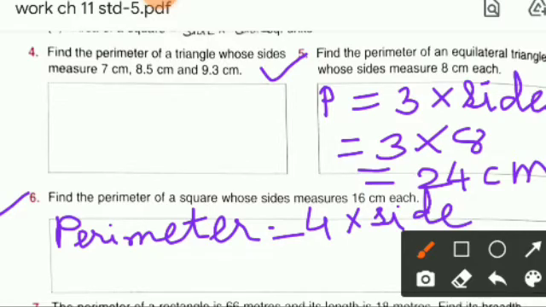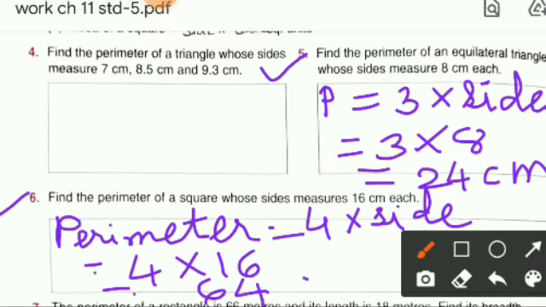A square has how many sides? 4. So 4 into side. And here the side is given 16 cm. So 4 into 16 is equal to 64 cm is the perimeter of this square.